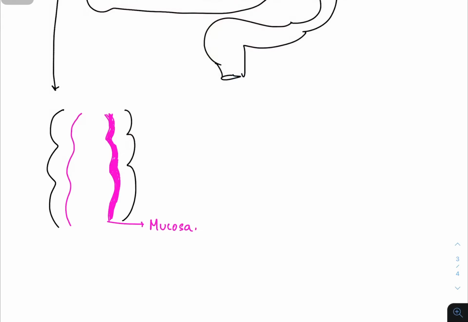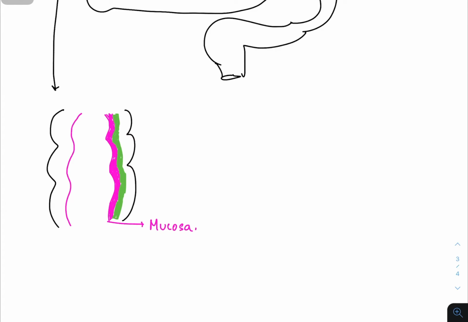Right. After this mucosa, the next thing is the green color layer. Of course, this is called submucosa because it is below the mucosa, right? So this is your submucosal layer. So the innermost layer of your intestine is called mucosa. Of course, there are totally 7 layers.